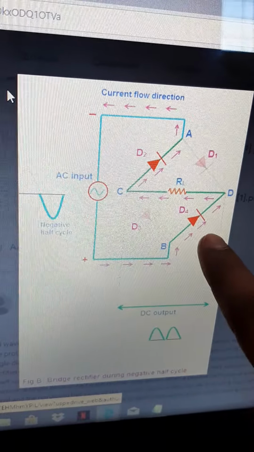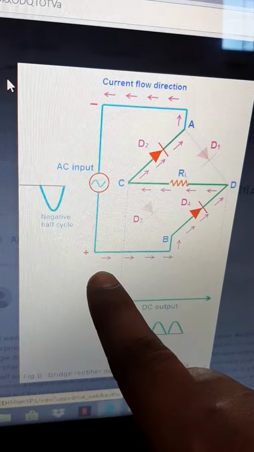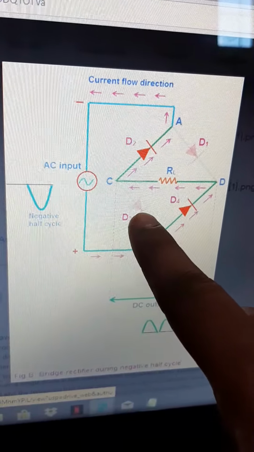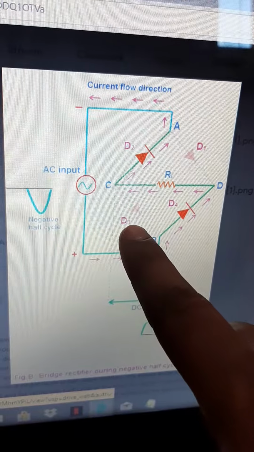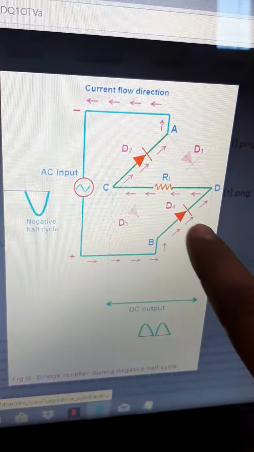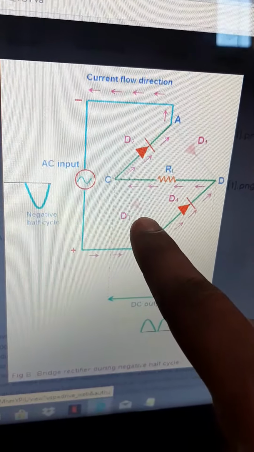So diode D4 is forward biased, and the positive terminal of the supply voltage is connected to the N terminal of diode D3. So diode D3 is reverse biased. So we see that diodes D2 and D4 are forward biased, while diodes D1 and D3 are reverse biased.